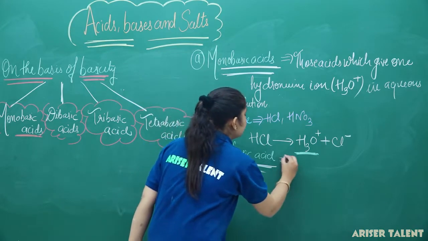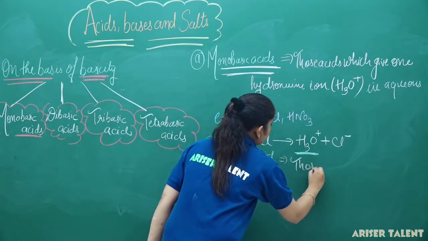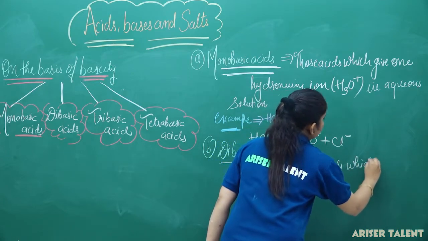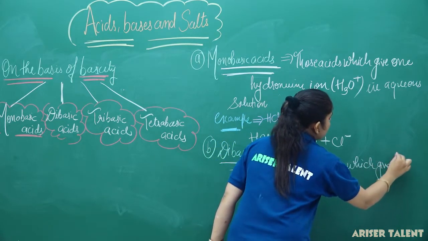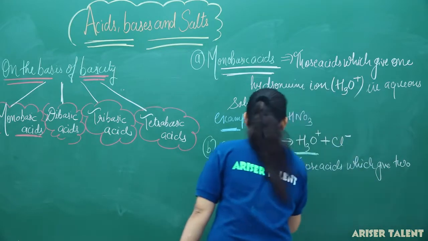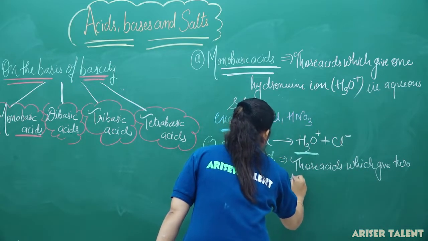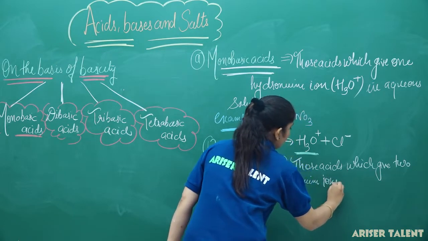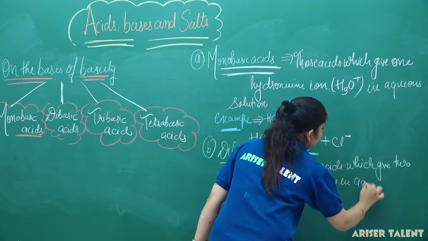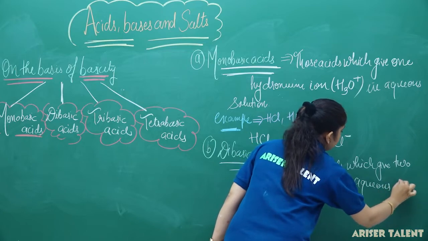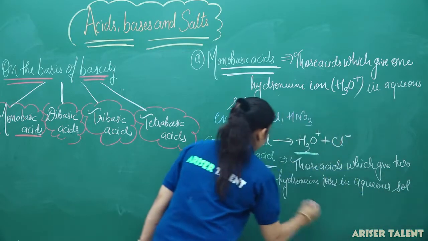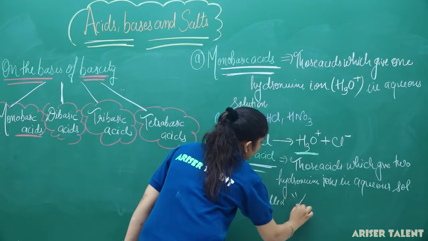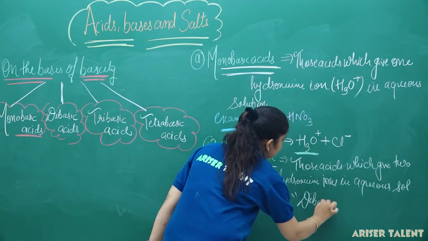So those acids which give two hydronium ions in aqueous solution are called dibasic acid.